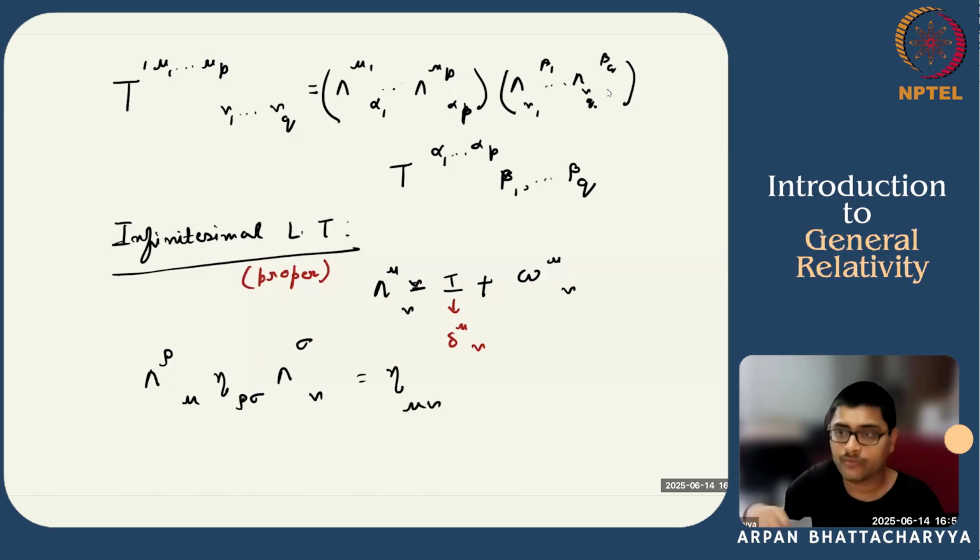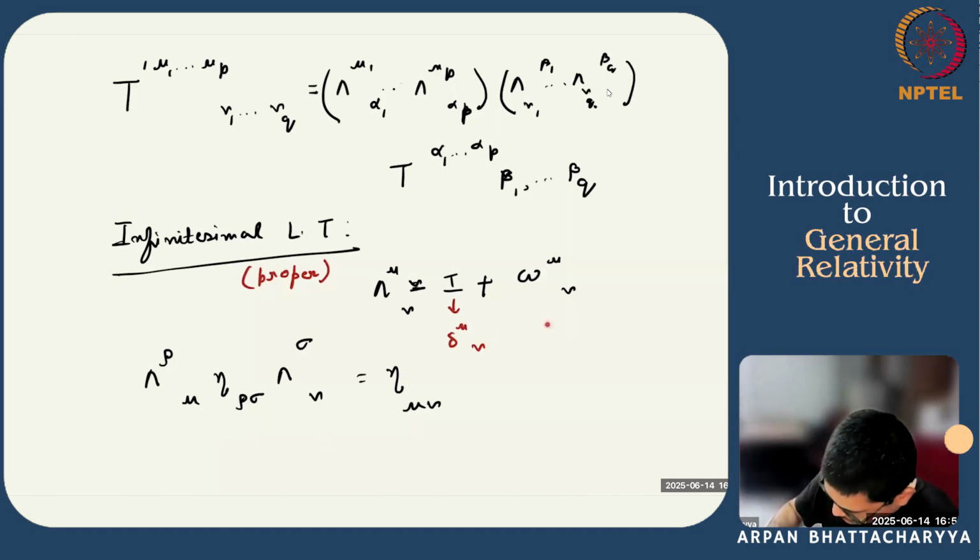Remember it is coming from lambda transpose eta times lambda, but you have to be careful about the index positioning while doing this matrix multiplication. And if you apply whatever we discussed in the previous lecture, you will get this in component. So please go back and try to write this equation by yourself once more.